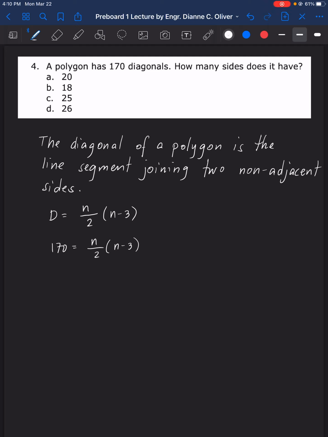You can take the long method here, so we have 340 equals n squared minus 3n, so n squared minus 3n minus 340 equals 0. But you can solve it directly in the calculator already. So n is equal to 20 sides. So the answer is letter A. So that's for number 4.